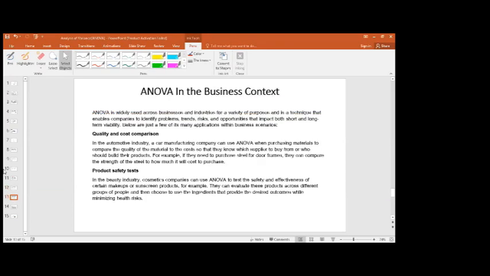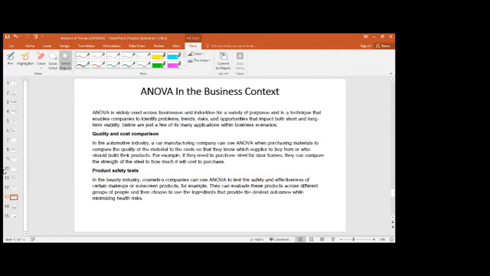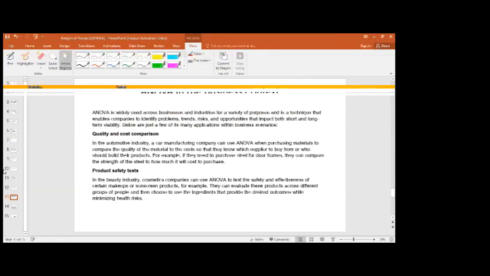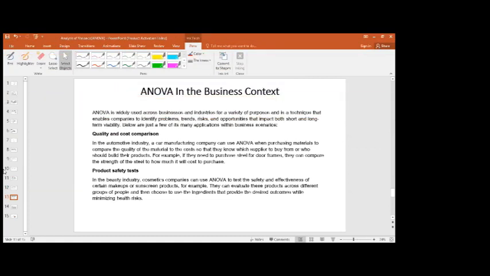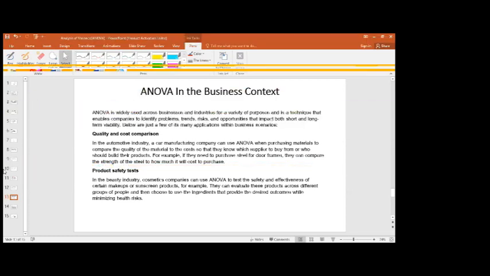So in the business context, ANOVA is also very helpful. ANOVA is widely used across businesses and industries for a variety of purposes and is a technique that enables companies to identify problems, trends, risks, and opportunities that impact business. Below are just a few of its many applications within business scenarios.